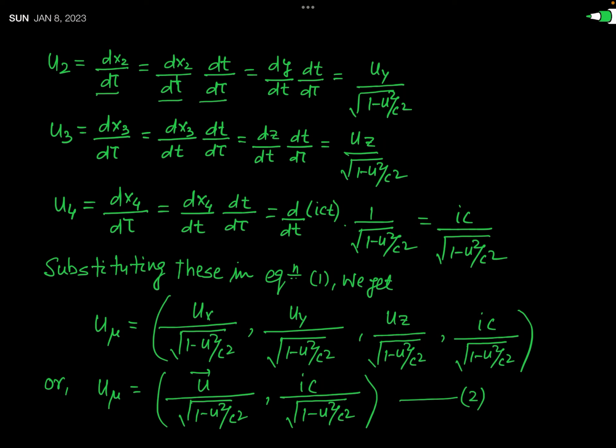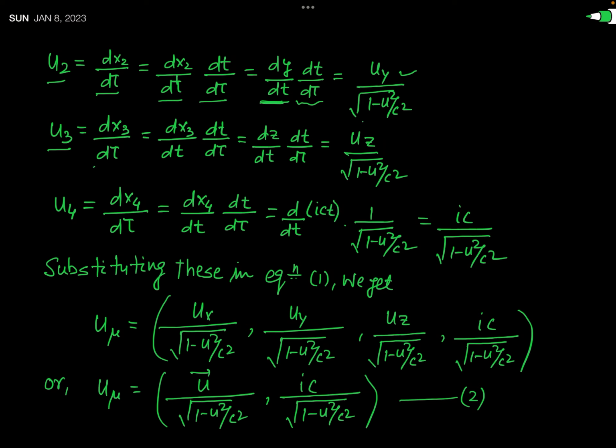And x2 means y, so dx2 by dt is written here as dy by dt. And you know this dy by dt is equal to uy, and dt by d tau is 1 over root over 1 minus u square by c square. So you can say that u2 is equal to uy divided by root over 1 minus u square by c square.